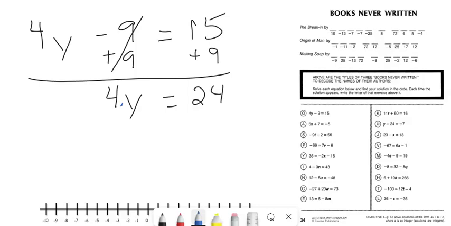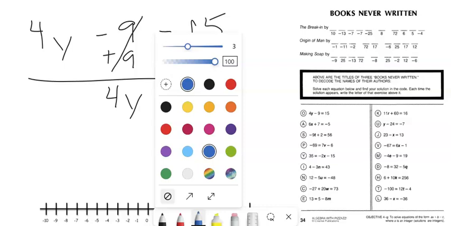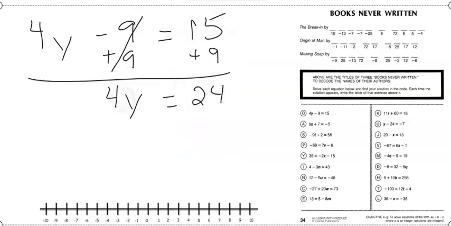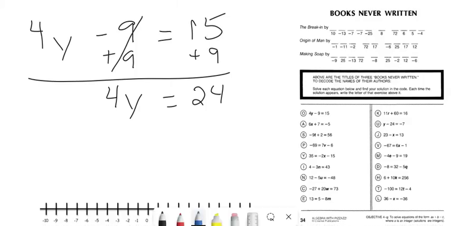We usually don't use the times symbol because it looks a little bit too much like the letter X. So that's 4 times y. There we go. Small dot there. So if they multiplied, we want to do the opposite of that, the inverse of that.